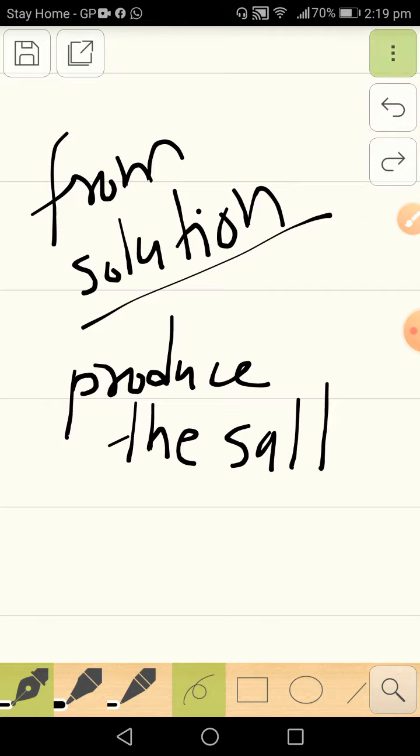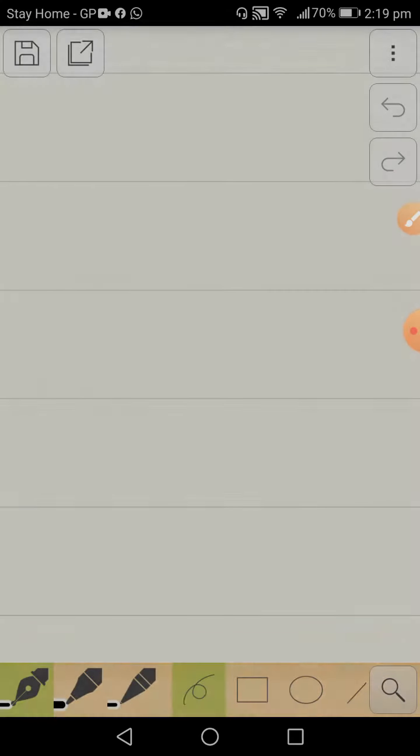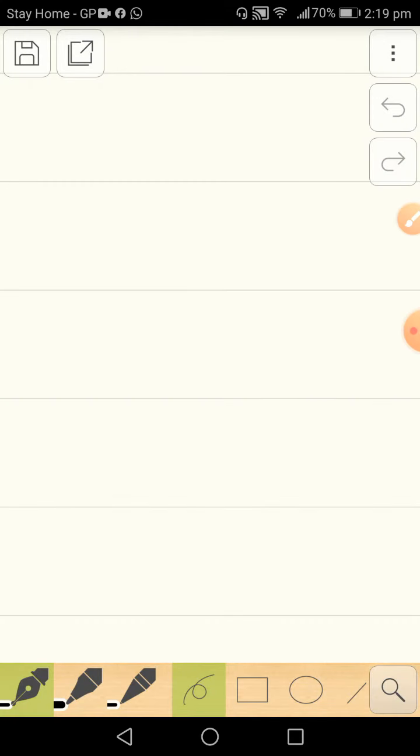To produce a soluble salt, many things have to be considered, but just remember for simplicity that the most efficient way of producing soluble salts is by the use of acids.